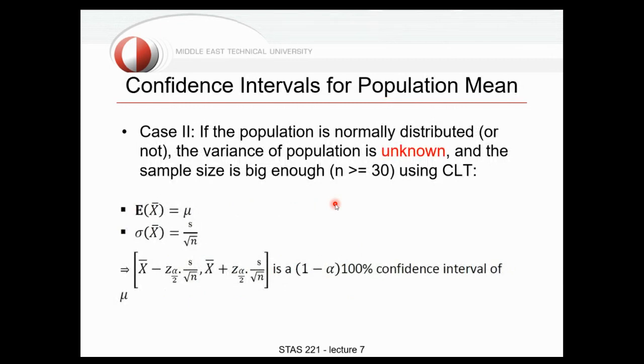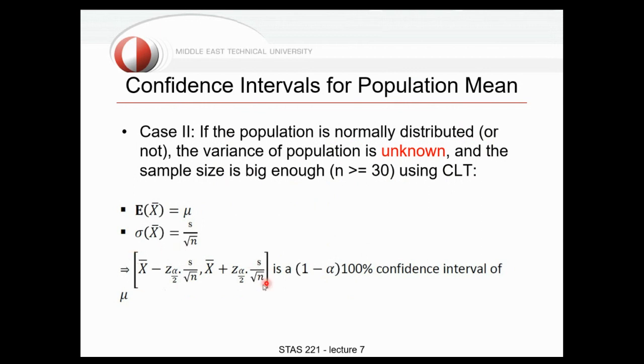Okay, case 2 scenario. The population is normally distributed, or maybe not, we don't care. It doesn't matter what the distribution of your population is. The variance of the population is unknown. Okay, this is problematic. And the sample size is big enough. This is good news, because we can use the central limit theorem in order to approximate it with a normal distribution.